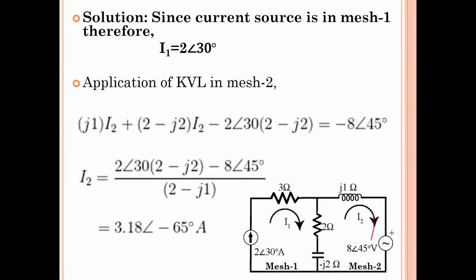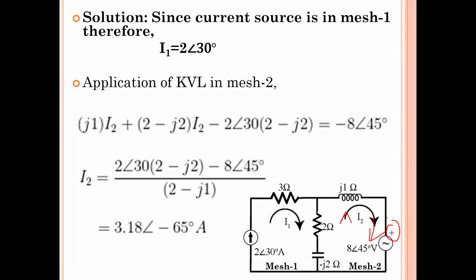Now you just see the current direction is downward on the source side. This side I2 is upward. And of course they have mentioned a plus symbol here.